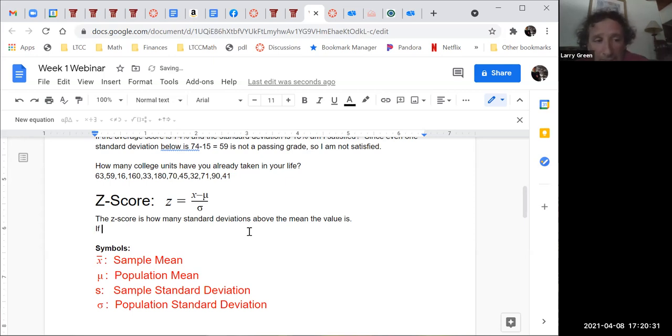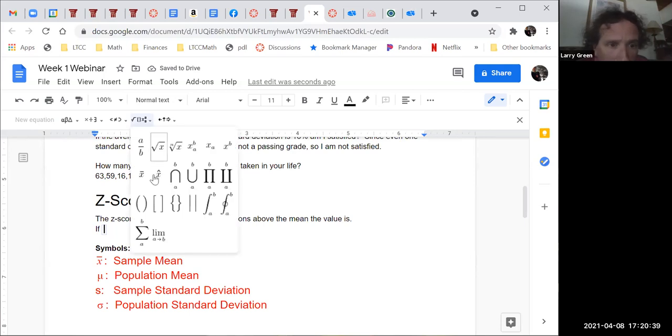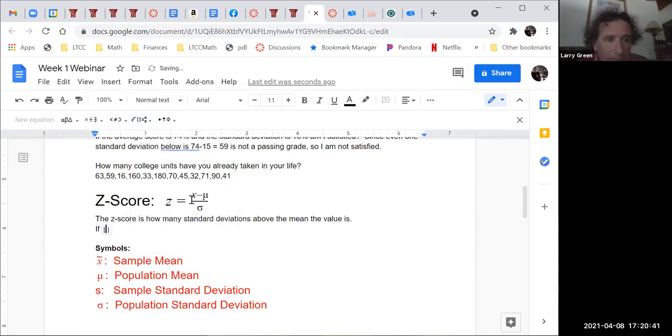Okay, and if z in absolute value, there we go. If the absolute value of z is greater than 2, then it is an outlier.